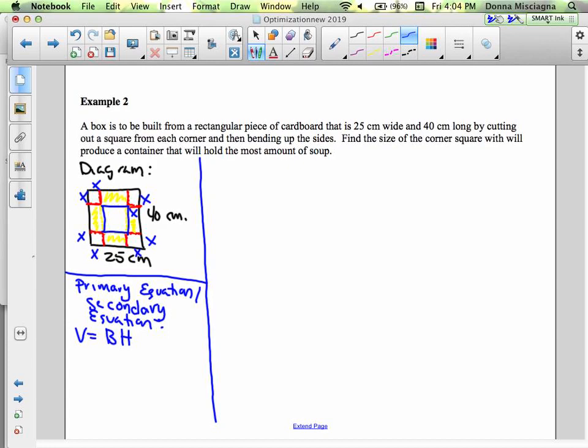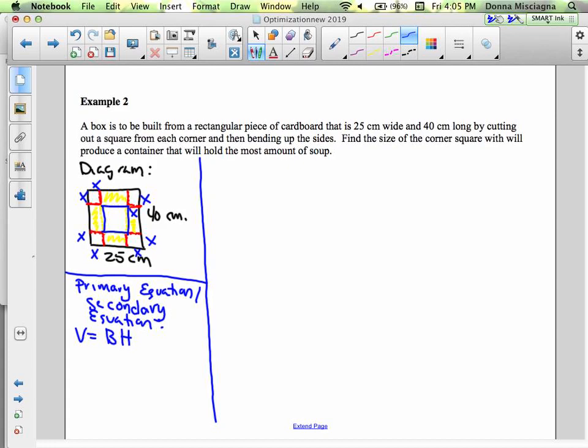Notice that the base of the box would be 40 centimeters times 25 centimeters, except you cut all those corners out. So you cut X amount from the bottom, X from the top, X from the right-hand side, and X from the left-hand side.